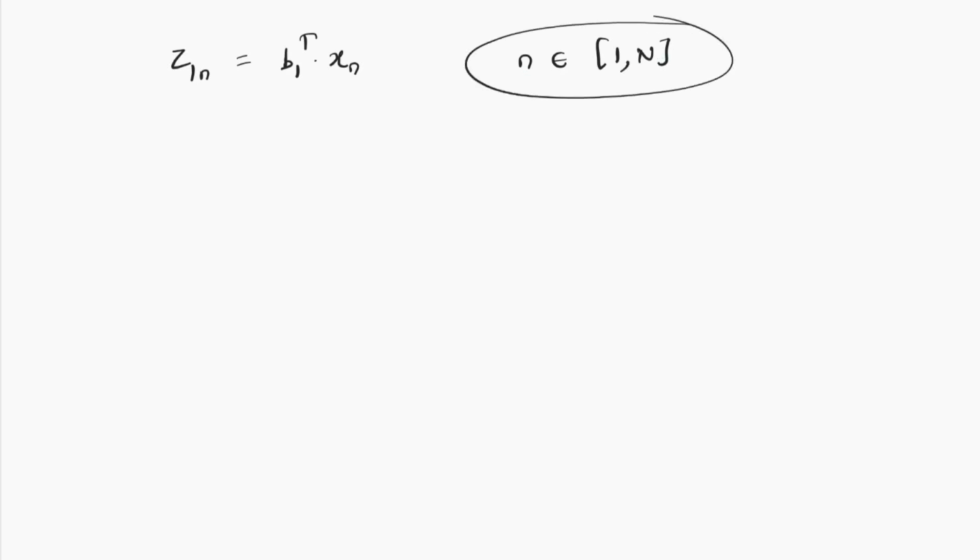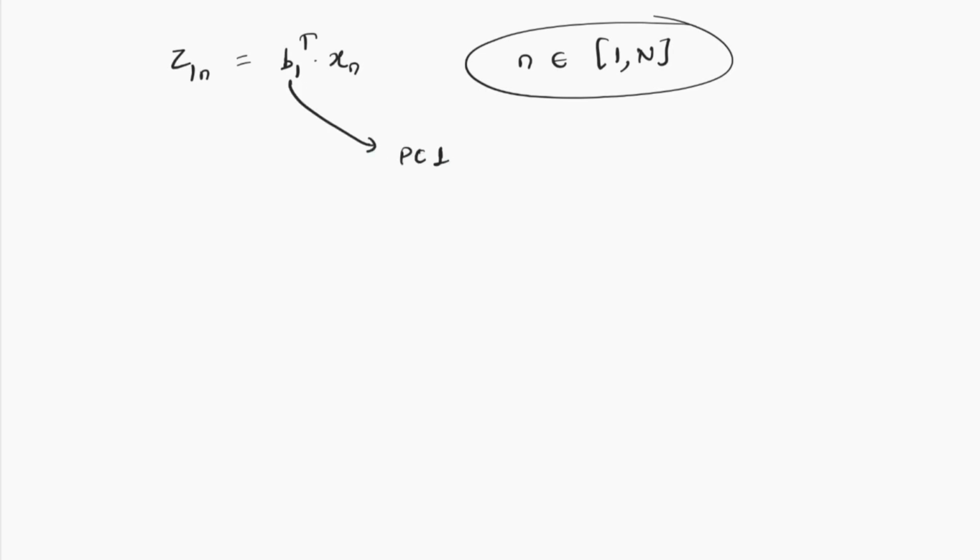Now I will change the naming conventions, as we have many things to write, so it will be easier if we define everything neatly. So z1n is b1 transpose xn, where n goes from 1 to N. It is the data point number, and here 1 is for PC1.